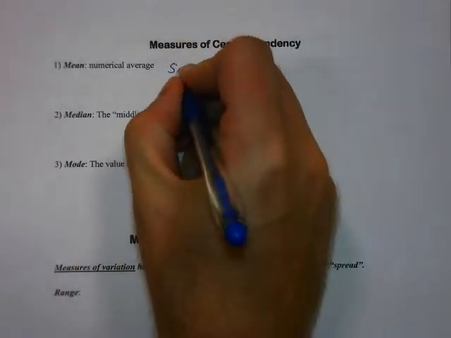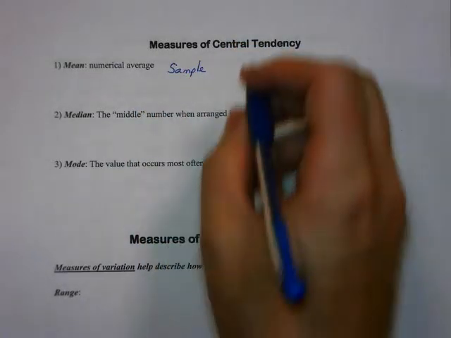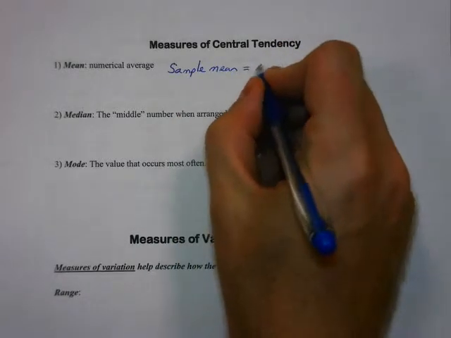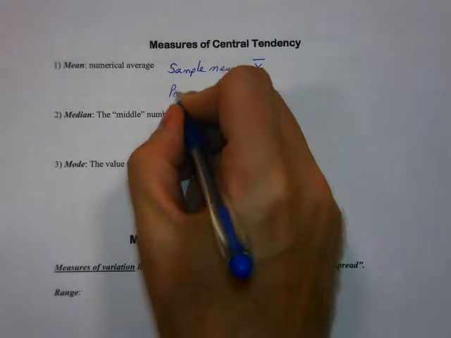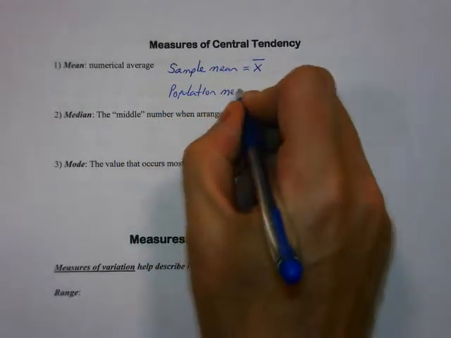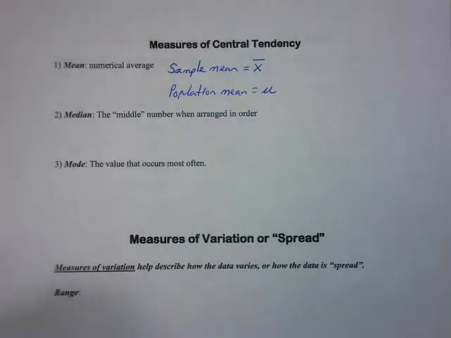Now, in this class, we have two different kinds of means. We have a sample mean, which is given by the symbol x bar, and there's a population mean, which is the Greek symbol mu.